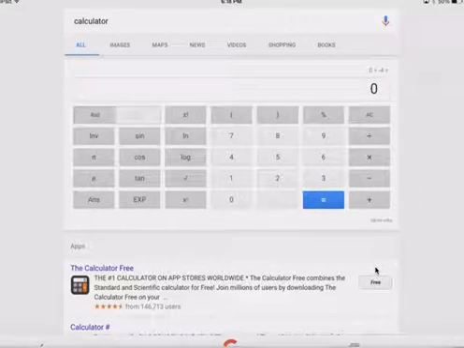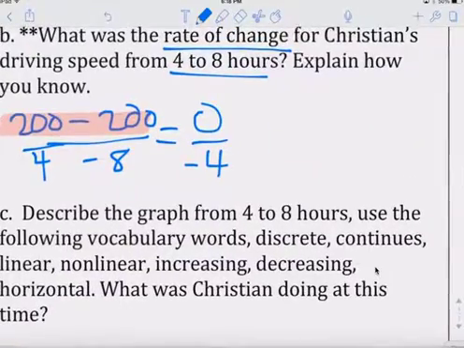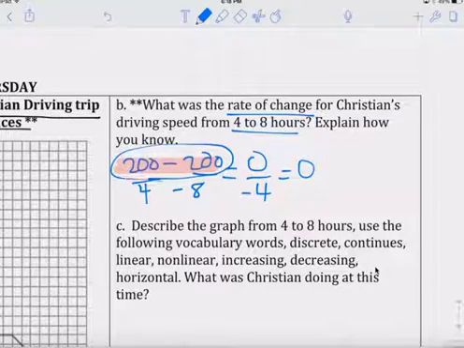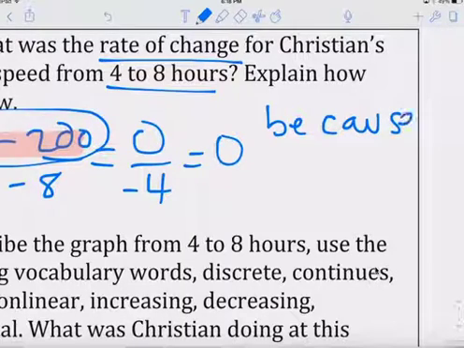You see? 0 divided by anything is 0. The rate of change is 0 because there's no change in distance. The distance never changed.